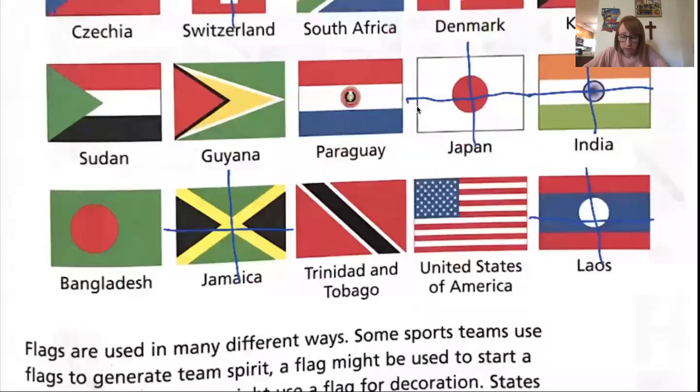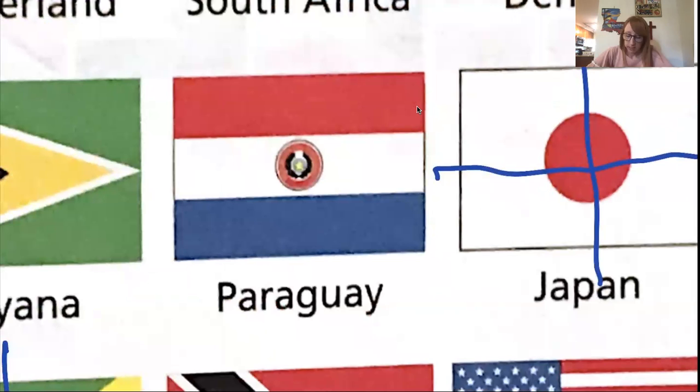Now, if you look really closely at Paraguay, you'll see that if we were to cut this here, it would not match this side and this side because there are words around, and you can't really see it with my iPad, but you can see it in your book that there are words that go around.